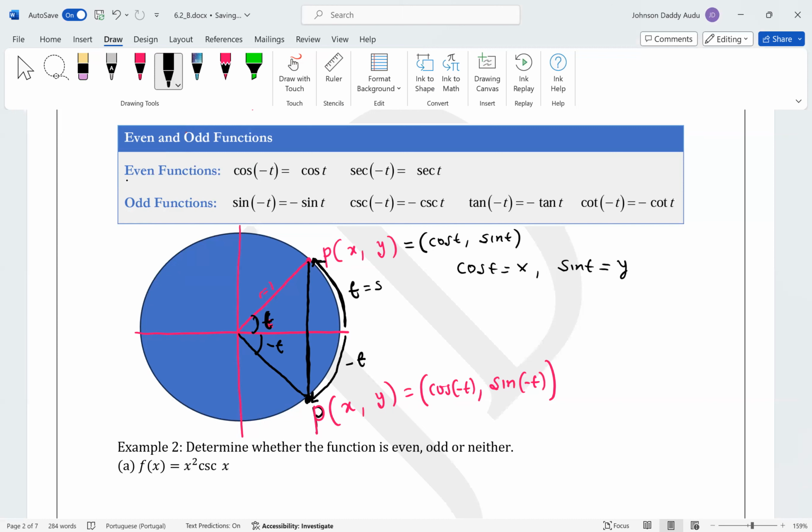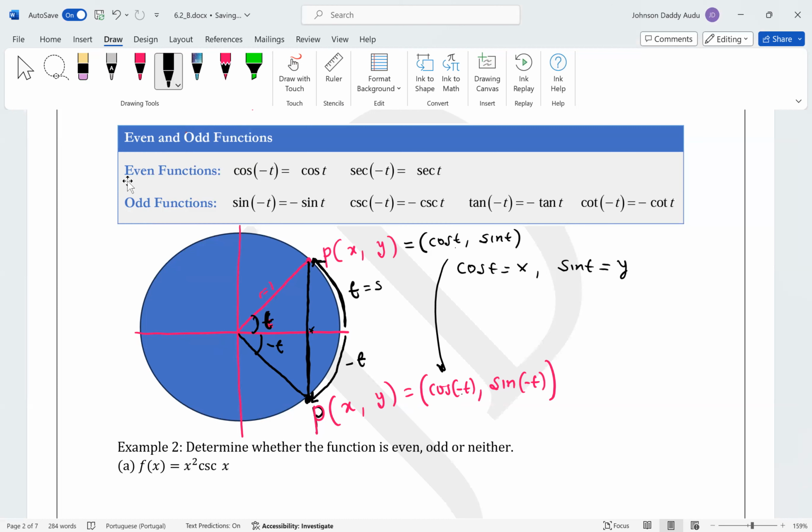So cosine t and cosine minus t give the same x value. This simply means that cosine of t is the same thing as cosine of minus t.